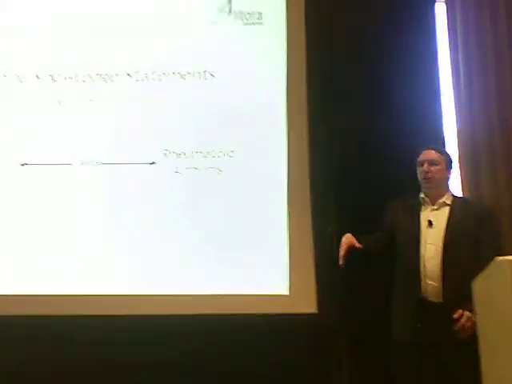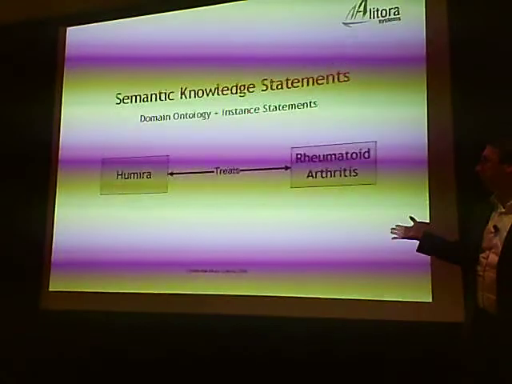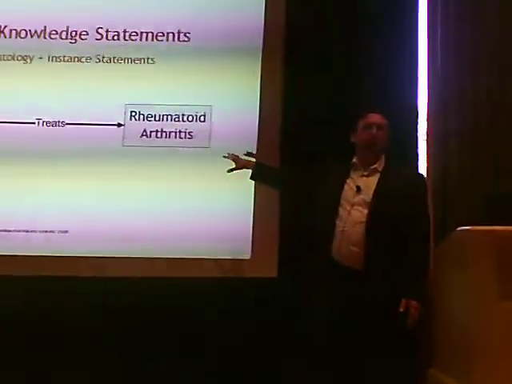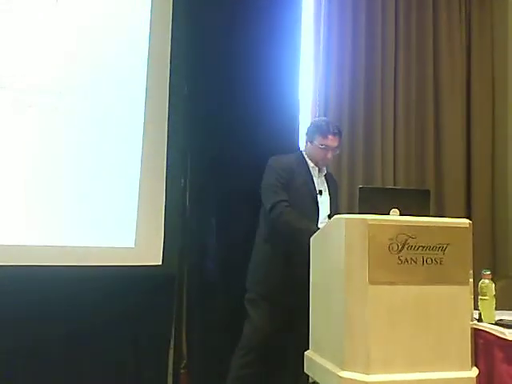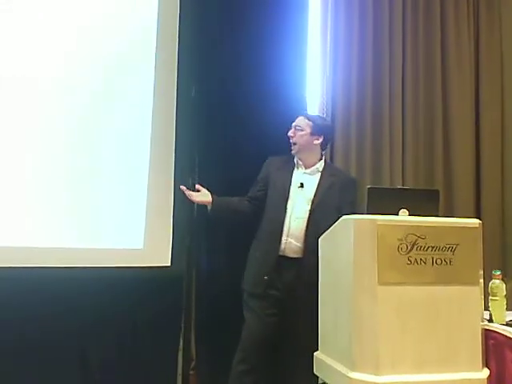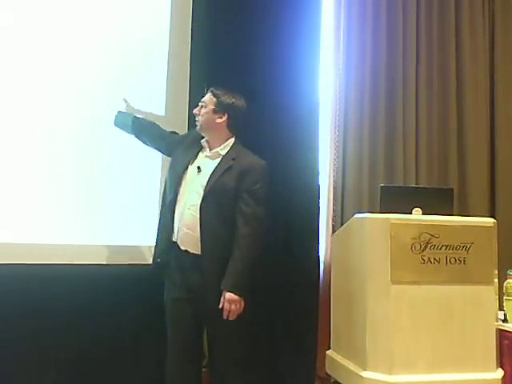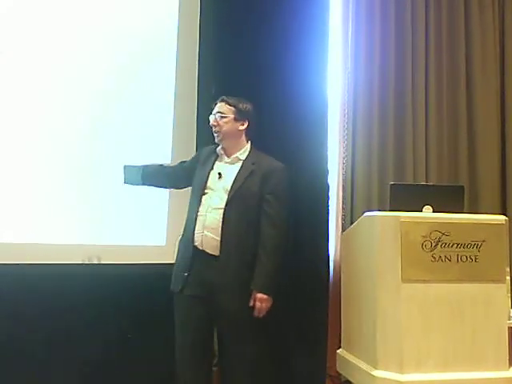So how we actually construct these semantic networks is by a series of interconnections or relationships. For example, we have here a drug which treats a disease. Very simple node, edge, node type of scenario. We could also have statements that are a little bit more complicated, where you could have, Abbott competes with Wyeth. These are two companies with a competition relationship between them in the context of a market.